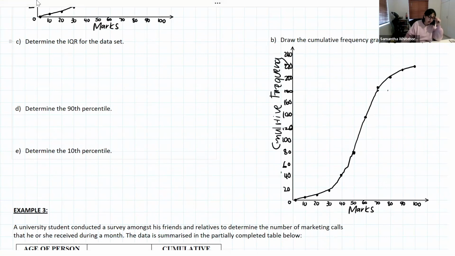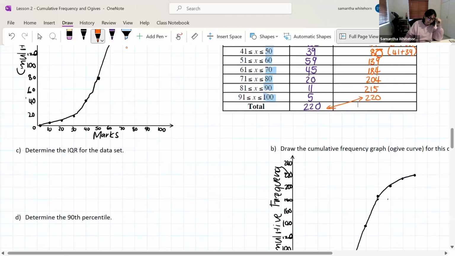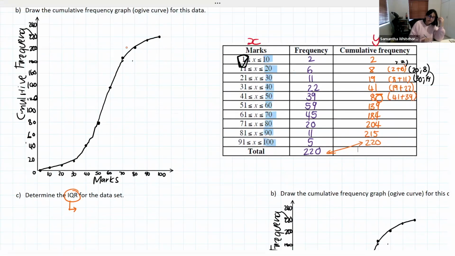Can someone just remind me what IQR is? Nice. Interquartile range. Can someone tell me how I calculate it?